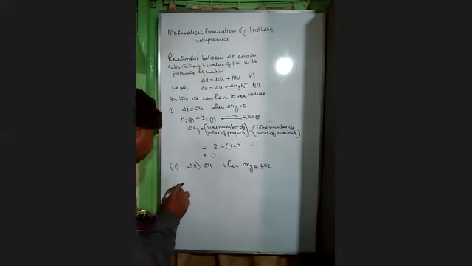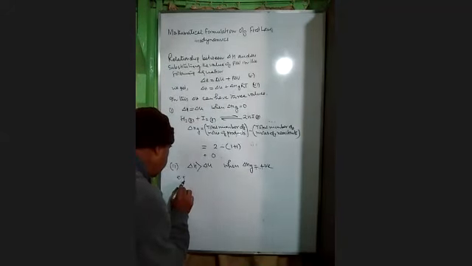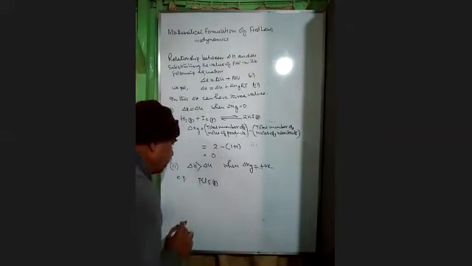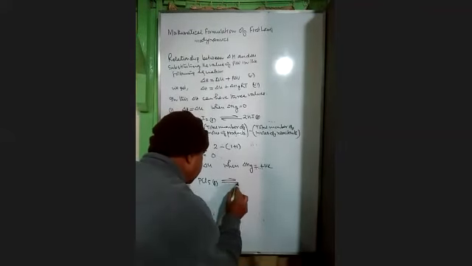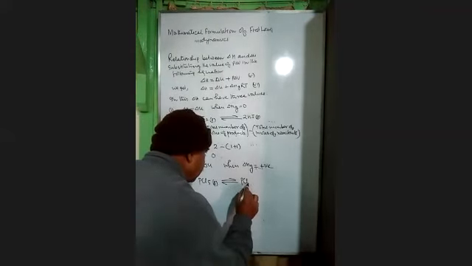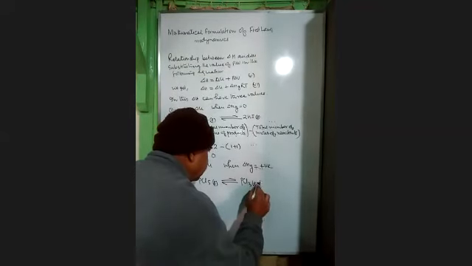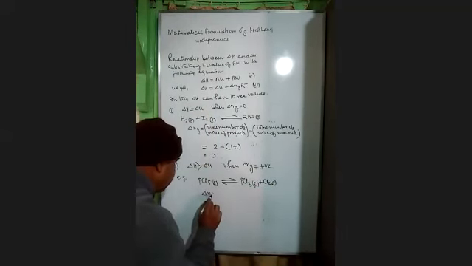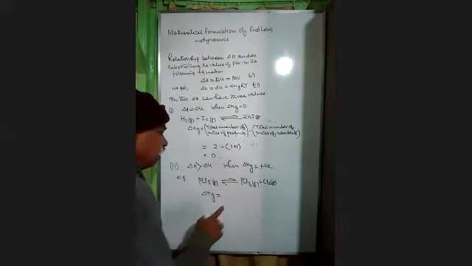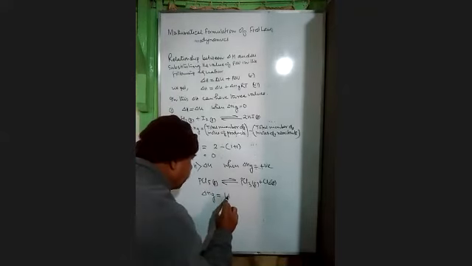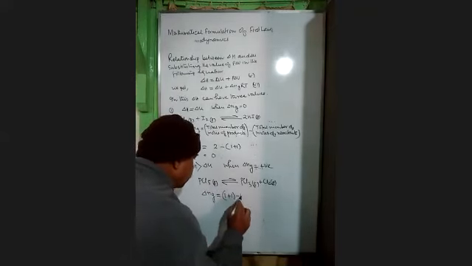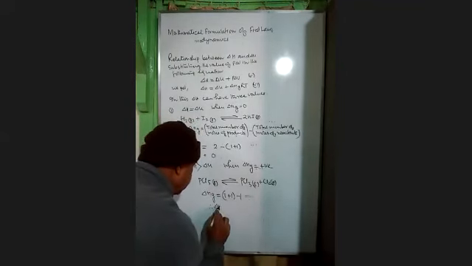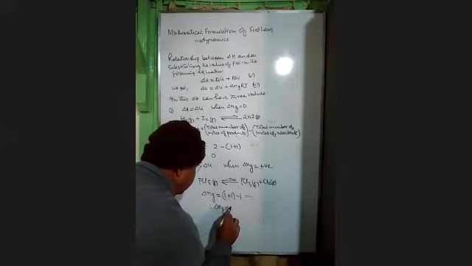Example, see, I have taken here PCl5 phosphorus pentachloride gaseous. If you heat it, you will get PCl3(g) and Cl2(g). So under this condition, what is delta n_g? See here, product minus reactant. So it is 1 plus 1 minus 1 is equal to 1.